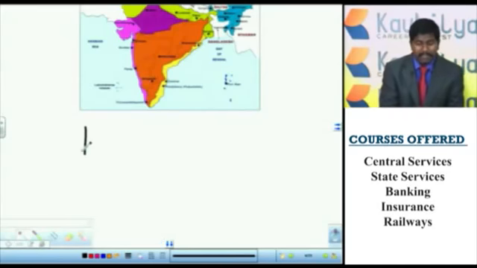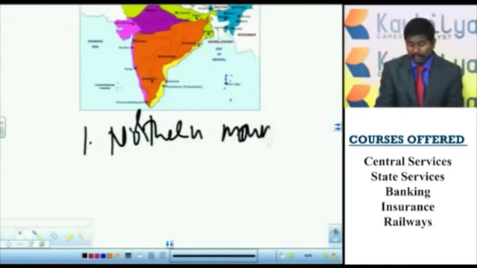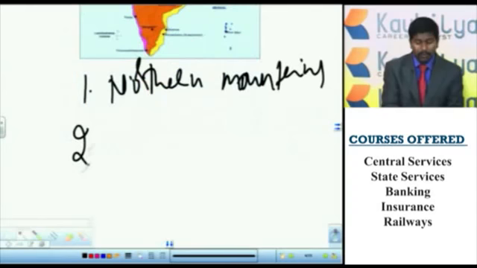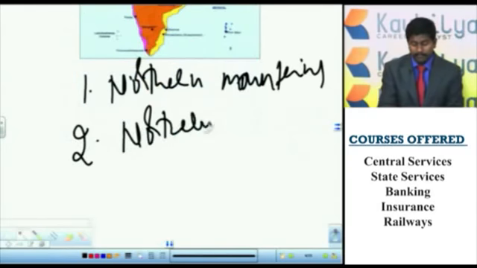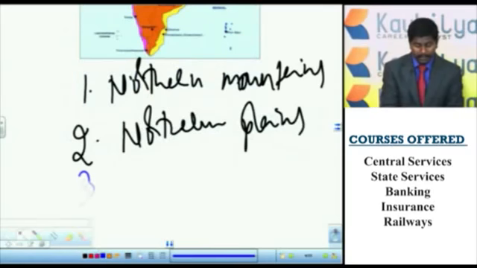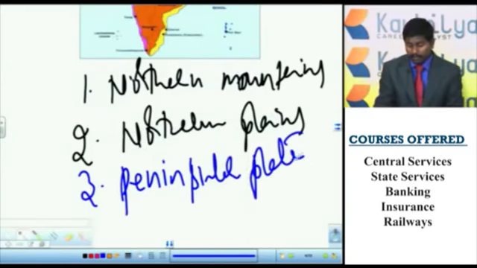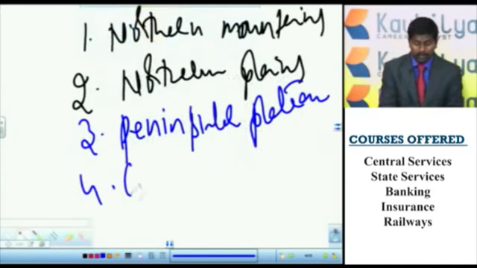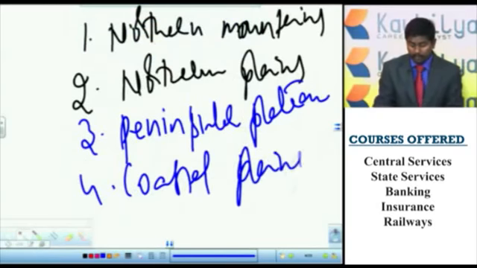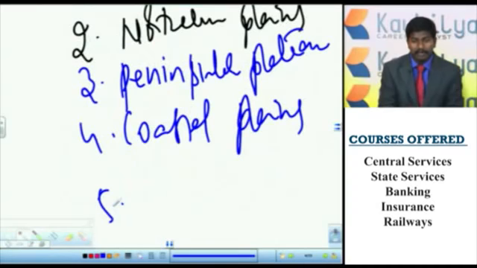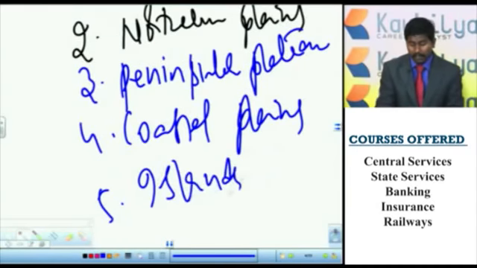So the physiography of this country can be divided into 5 divisions, which are all part of the physiography of this country. If you discuss these 5 divisions, that completes our discussion about Indian physiography.